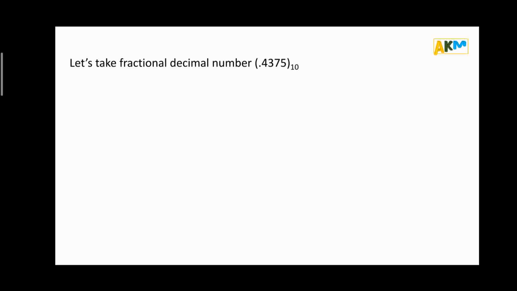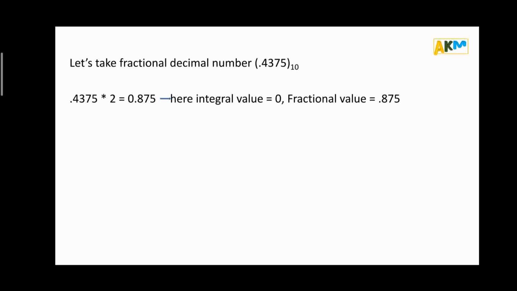So let's take a look. We'll multiply 0.4375 by 2, then we get 0.875. Here the integral value is 0 and the fractional value is 0.875. We put 0 aside, and take the fractional value again and multiply by 2. 0.875 multiplied by 2 gives 1.75. Here the integral value is 1 and the fractional value is 0.75.